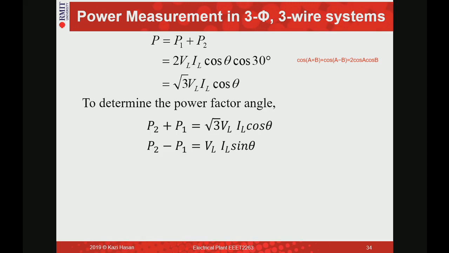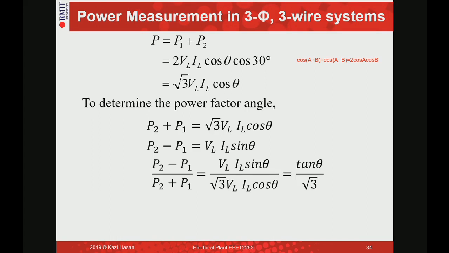Then we calculate P2 minus P1, and that will give you VL IL sin theta. Then we divide them, and this gives us tan theta over root 3, because VL IL will cancel out. Sin theta divided by cos theta is tan theta, and just root 3 remains here.